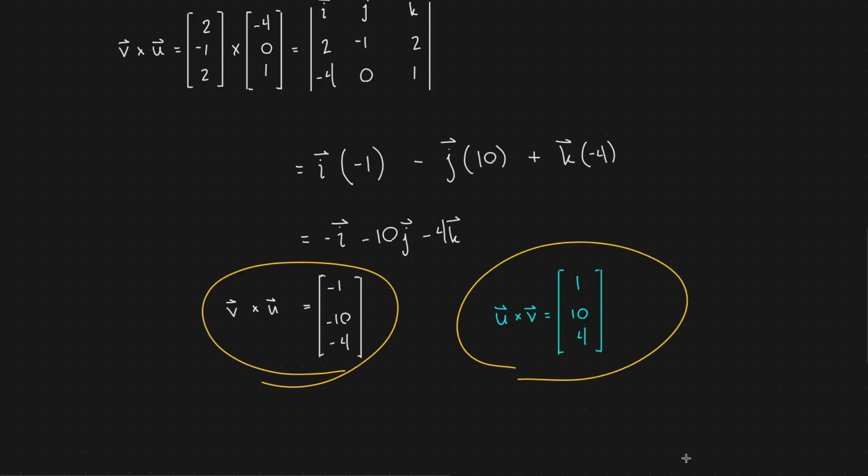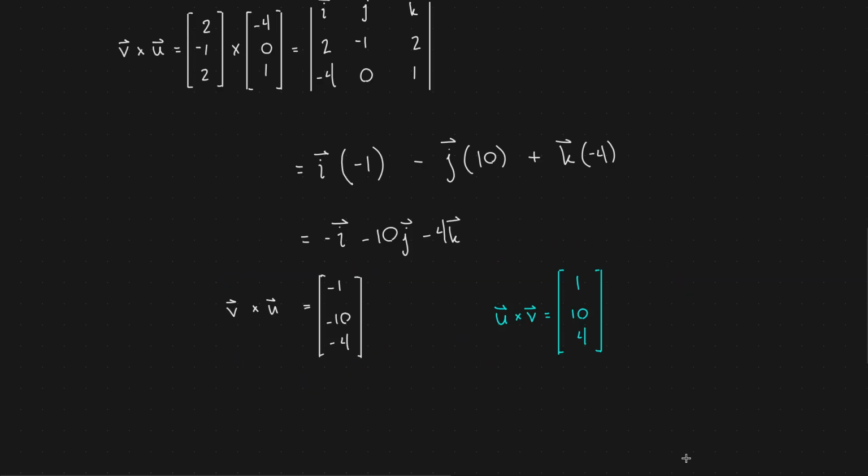But it's not like they're totally different. They definitely have a relationship. Flipping the vector seemed to just flip the sign of the components, right? U cross V is equal to the negative of V cross U.